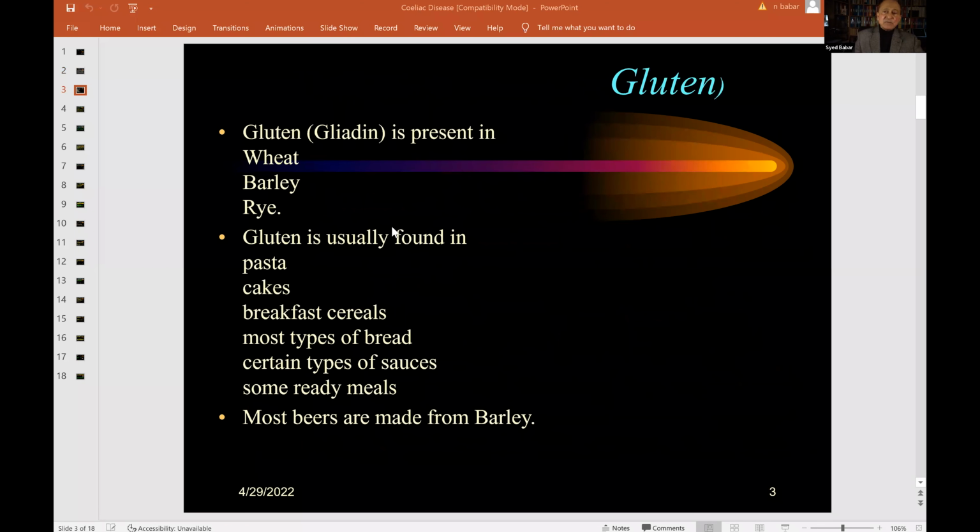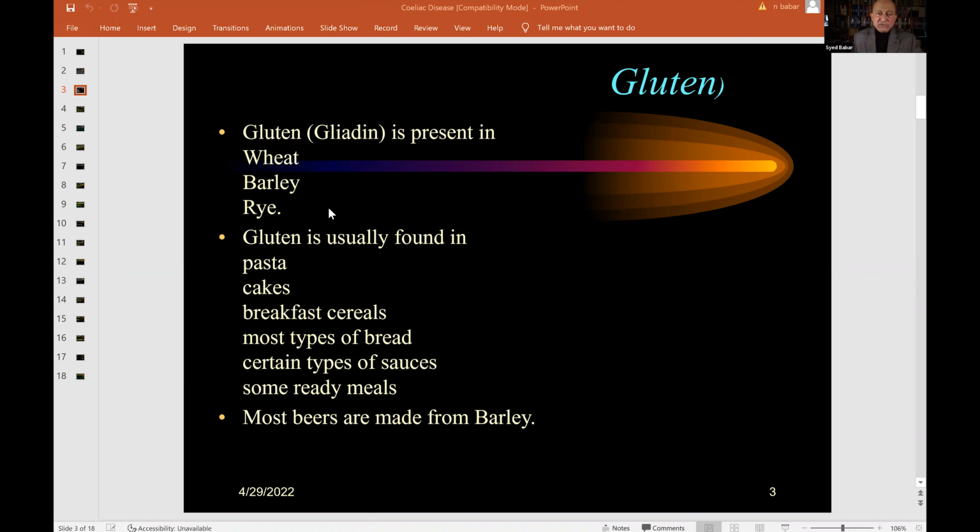Celiac disease is basically triggered by gluten, and the active principle of gluten is gliadin, and commonly it's present in wheat, barley, and rye grains, seeds, products, and in a small quantity.